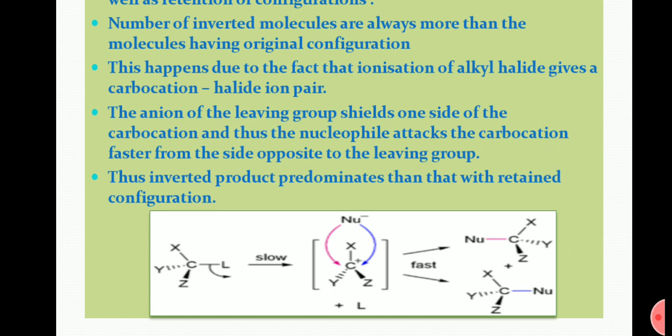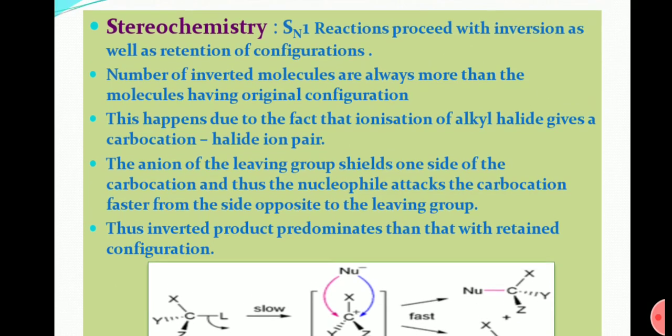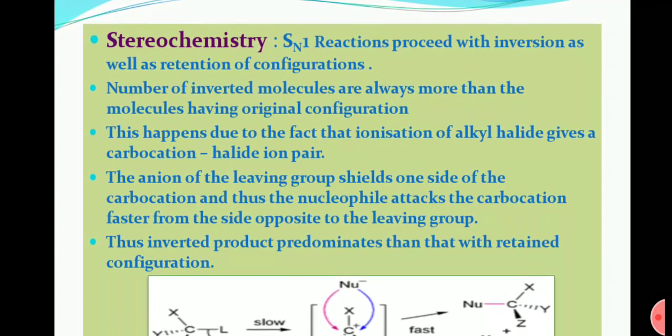So the inverted product always predominates over the product with retained configuration. Understood? So we can see from the stereochemistry that the SN1 reaction proceeds with the formation of inverted as well as retained configuration products. The inverted molecules are always in greater number than the original configuration products.